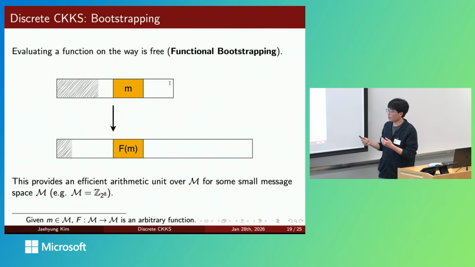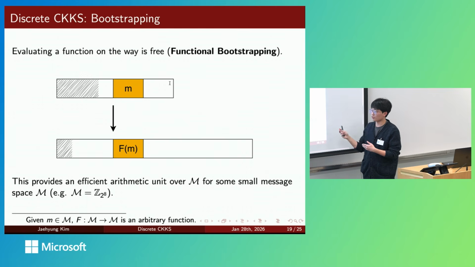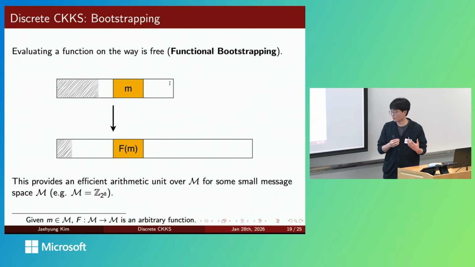And this is quite analogous to the framework of TFHE, the bitwise FHE, because in there everything operates on functional or programmable bootstrapping, and they combine these to make whatever circuit you want. Our discrete CKKS bootstrapping provides some kind of a vectorized version of TFHE or DM bootstrapping.